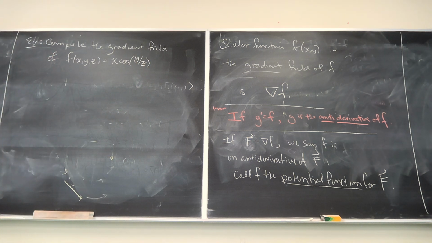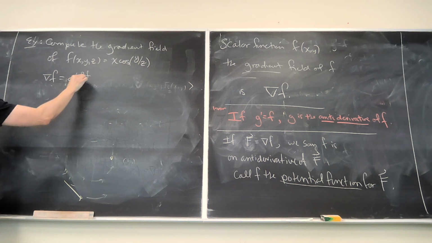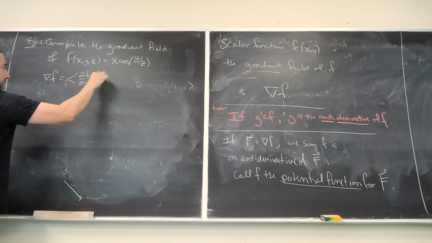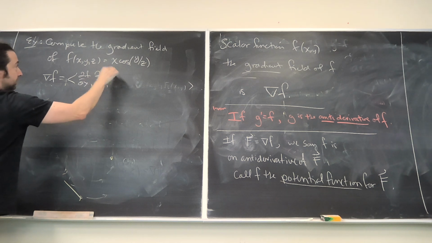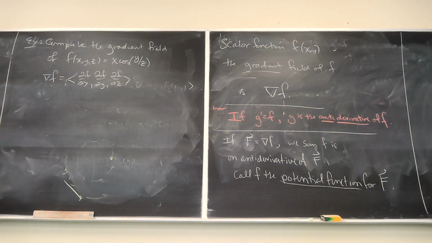Now, there's nothing fancy in what I've asked you to do here. We already studied the gradient. I know how to take the gradient of a function. The gradient of f is equal to df dx, df dy. Since this is a function of three variables, there will be a df dz as well.